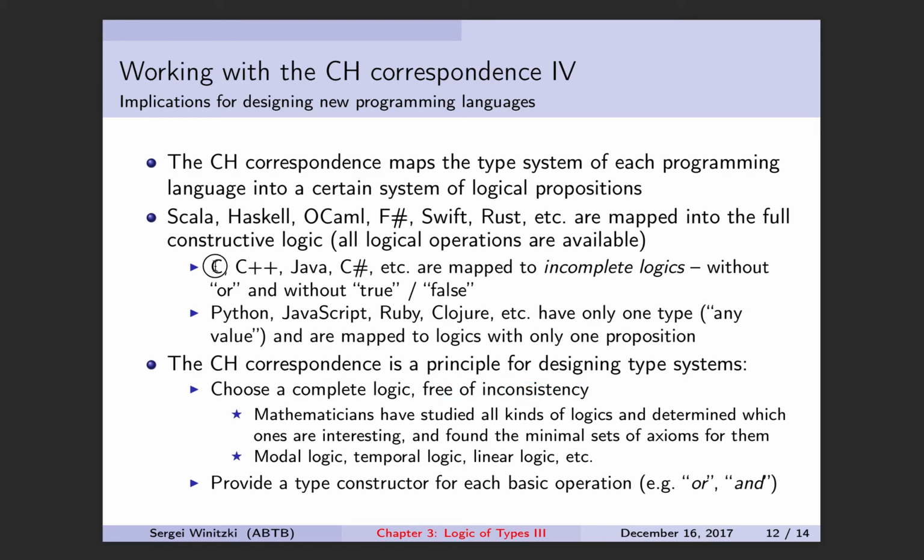And I show that languages like these are mapped to incomplete logics because they do not have the disjunction type and do not have true and false types, and these are also mapped to very poor logics, and so that is to be seen as a defect. So that's why these languages are less powerful than these in the sense of functional programming.